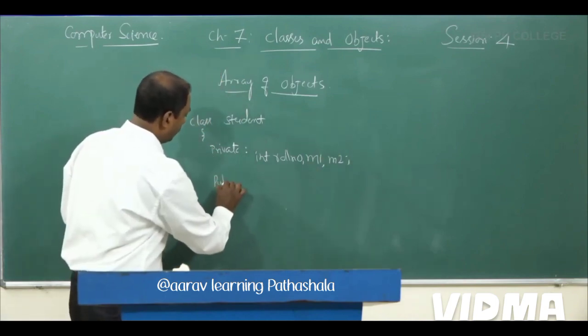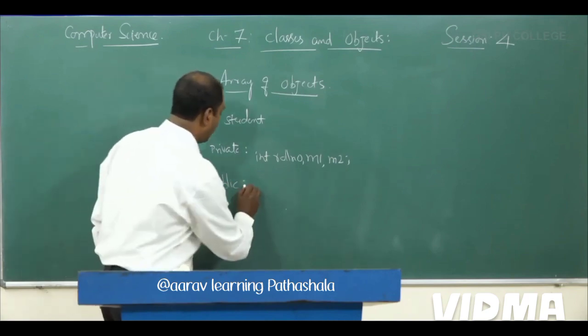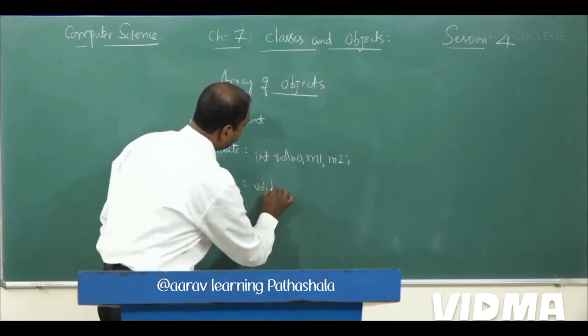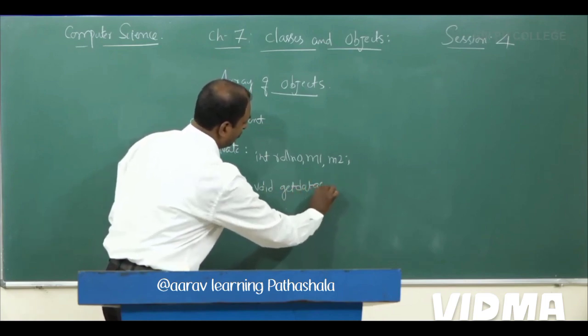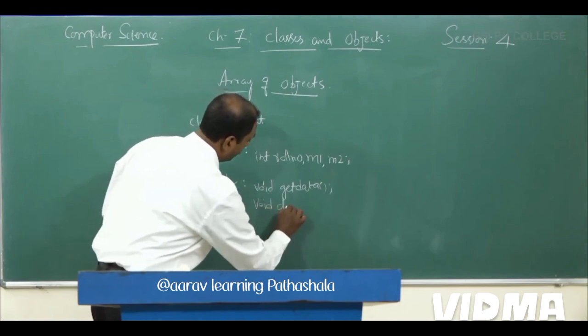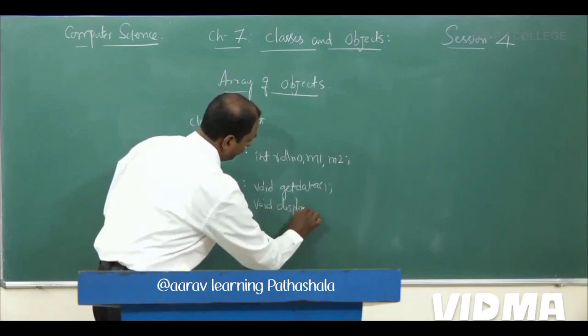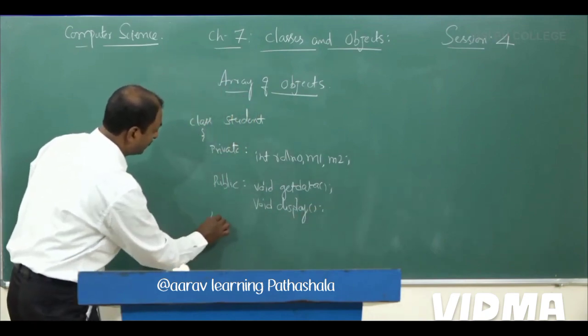And under public, I declare two functions here: void get data is one function, similarly void display is the second function. I am closing the class with the semicolon.